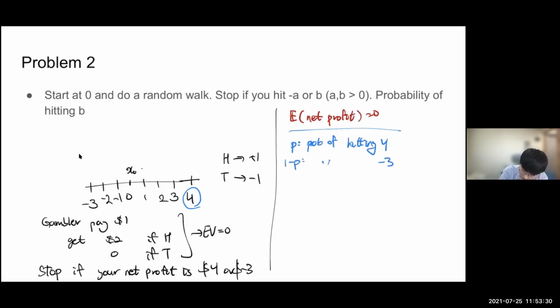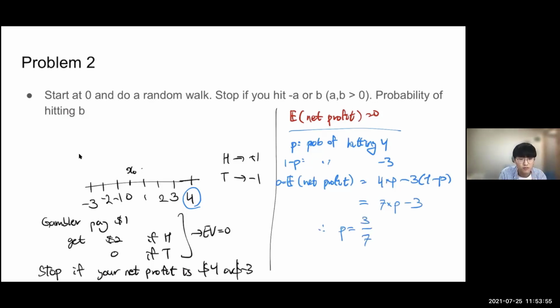Now the expected value of the net profit is basically 4 times P minus 3 times 1 minus P, which is 0. So we know that 7 times P equals 3. So P is 3/7. In the general case, this will be a over a plus b, if you do the same calculations.